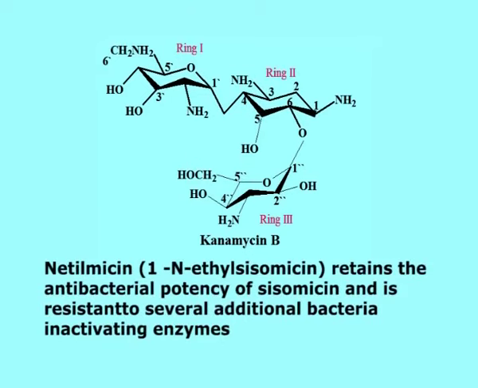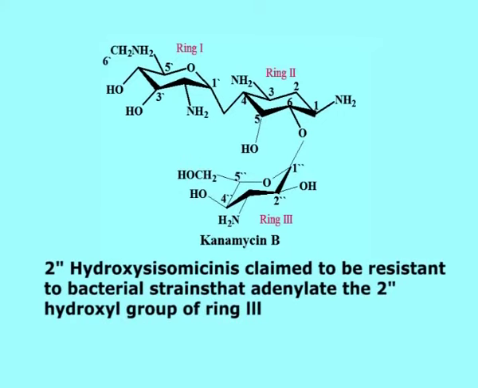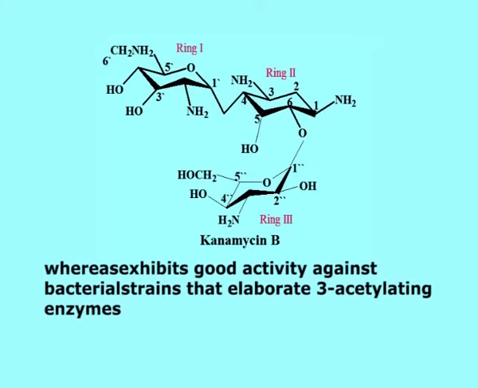Netilmicin, that is 1-N-ethyl sisomicin, retains the antibacterial potency of sisomicin and is resistant to several additional bacteria-inactivating enzymes. 2-hydroxysisomicin is claimed to be resistant to bacterial strains that adenylate the 2'-hydroxyl group of ring 3, whereas it exhibits good activity against bacterial strains that elaborate 3-acetylating enzymes.